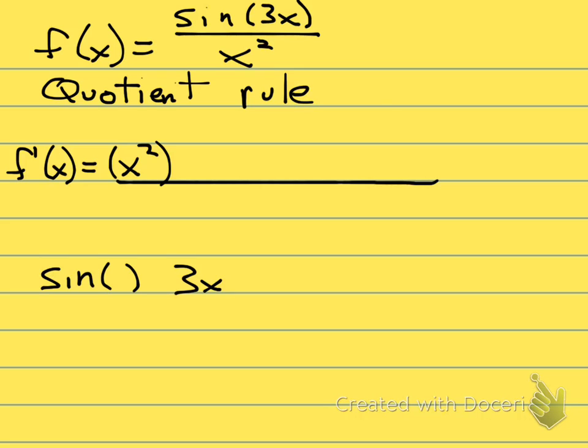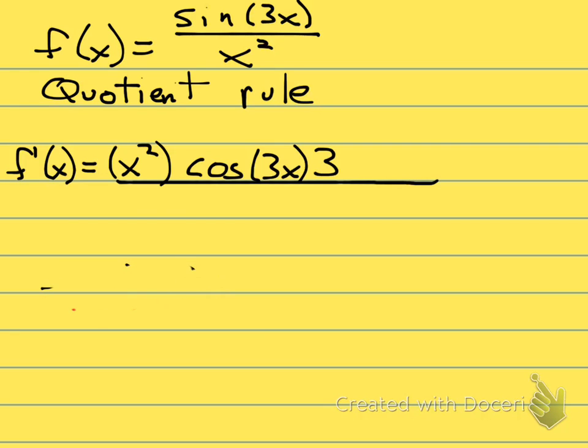The derivative of sine is going to be cosine, and then what goes in the inside is everything to the right, 3x. I'm done with sine, and now I'm going to take the derivative of 3x, which is just 3. So that right there is low d high using the chain rule for the derivative of the high.